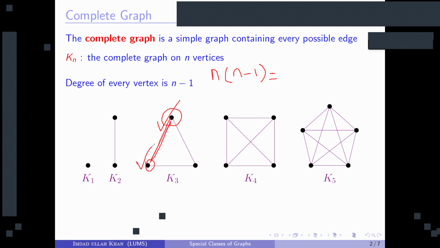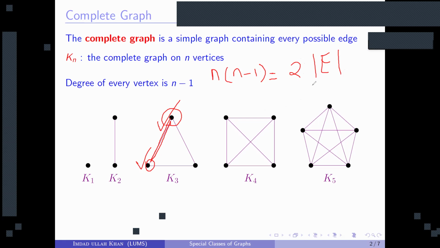So in the total degree, each edge contributes twice. So the total degree n times n minus 1 is actually 2 times the number of edges. E is the set of edges, so its cardinality times two is the total degree of the graph.